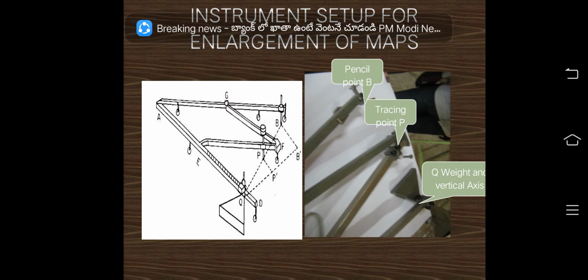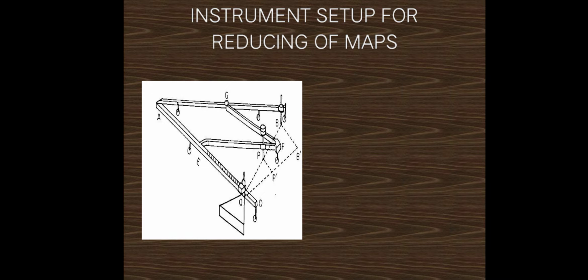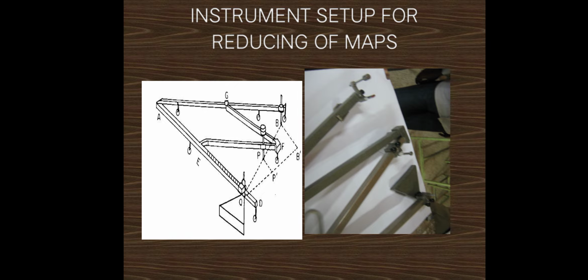Every time I want to enlarge or reduce, the map should be kept at the tracing point itself, and the movement of the pencil point should be done such that it draws accordingly. And I will show another figure related to the instrument setup for reducing maps.